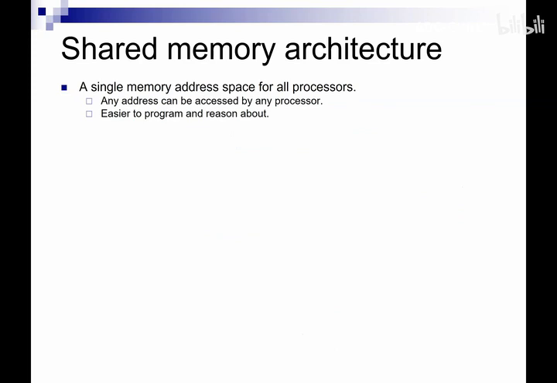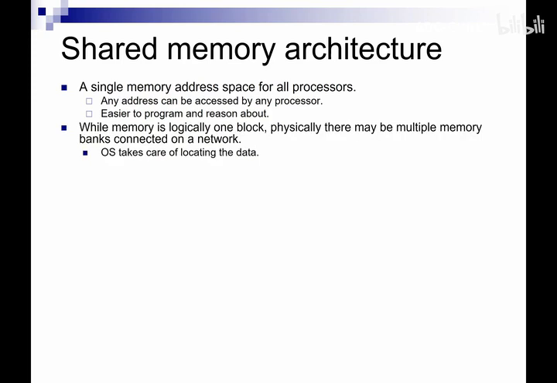And this basically means that any address can be accessed by any processor, because all of the memory is in a single address space. And the advantage to this is that it makes a program much easier to write and to reason about, because you don't have to think about, say, multiple copies of a data item. There's only a single data item, and it's always in the single memory address space.